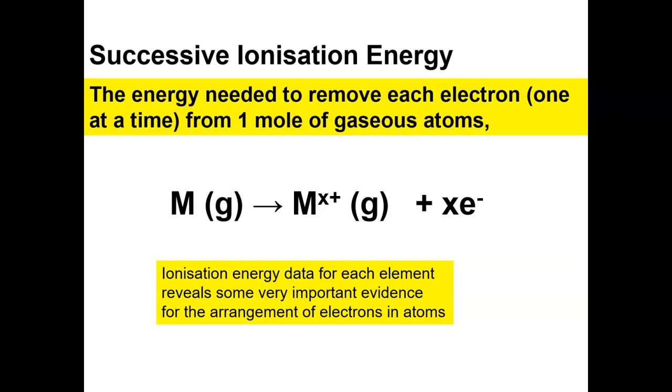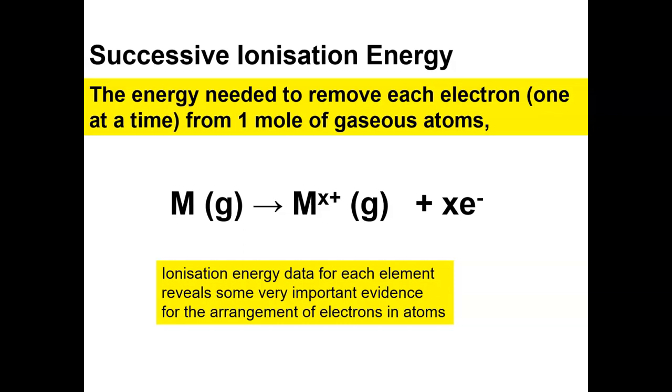Each time, of course, the number of protons in the nucleus stays constant, but the number of remaining electrons gets less one at a time. So the remaining ones have more nuclear attraction to pull them in, which is no wonder why the ionizations keep getting bigger each time we remove electrons.